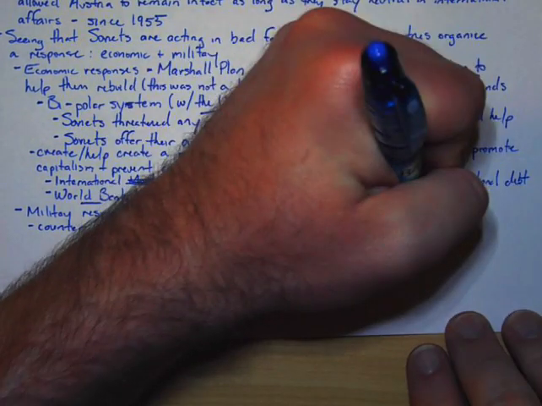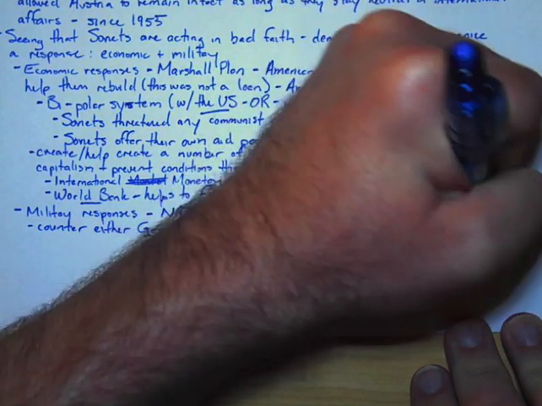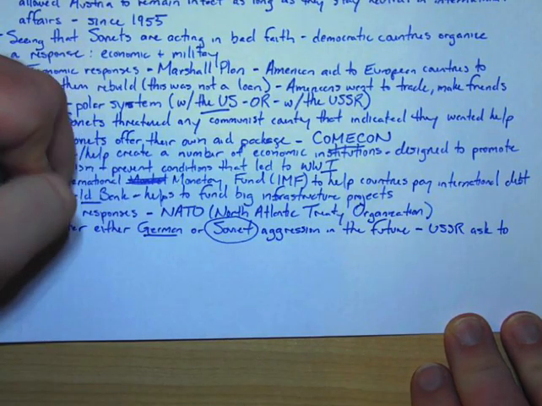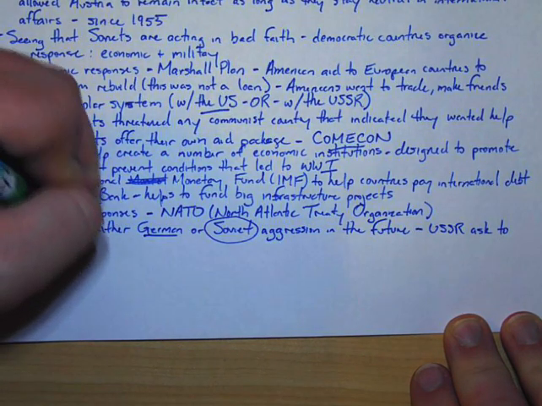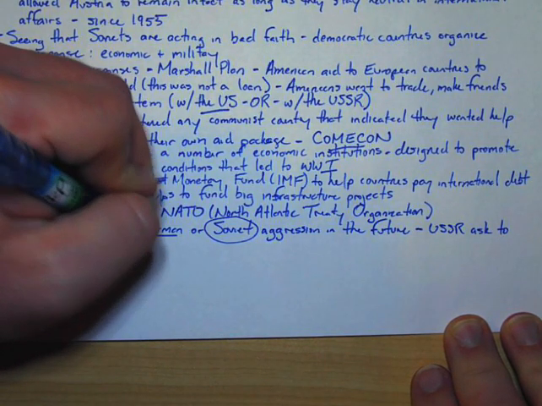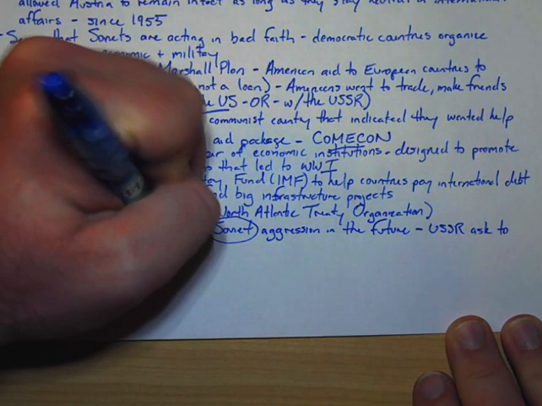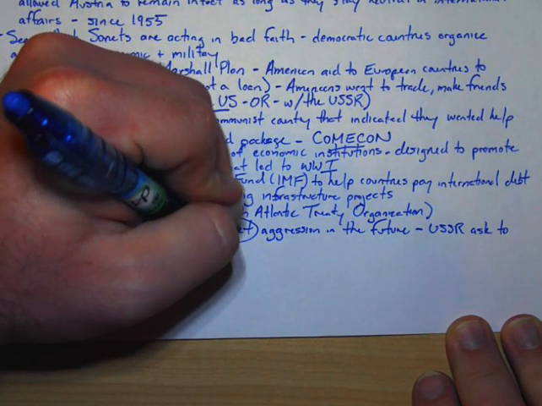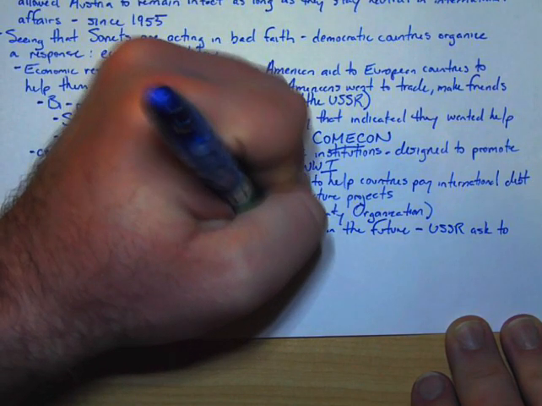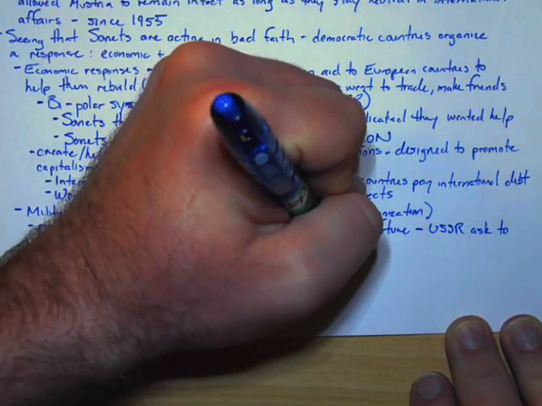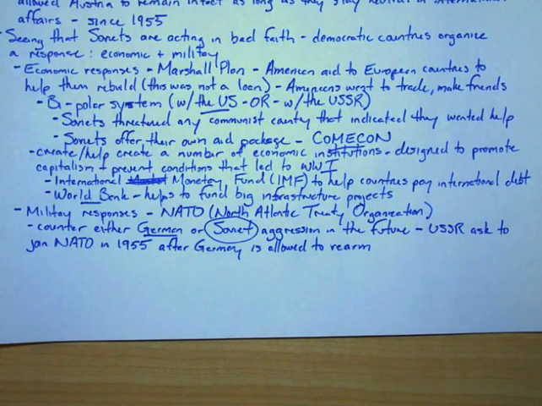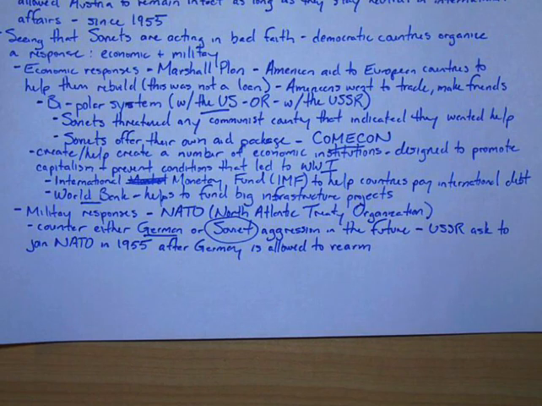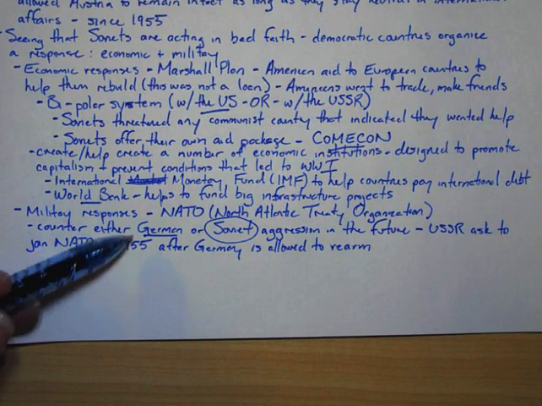In fact, the Soviets asked to join NATO in 1955 after Germany is allowed to rearm. And considering the history between the Soviets and the Germans, it's not surprising that the Soviets might turn to their supposed allies and say the Germans are a threat.